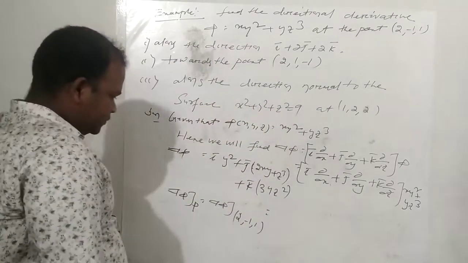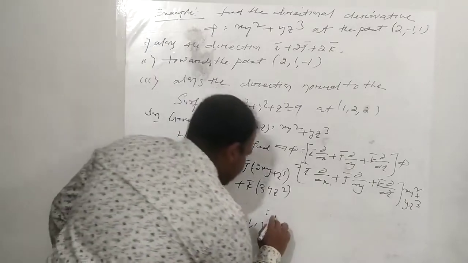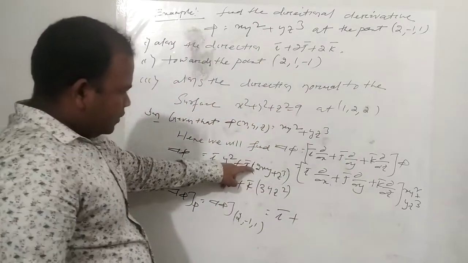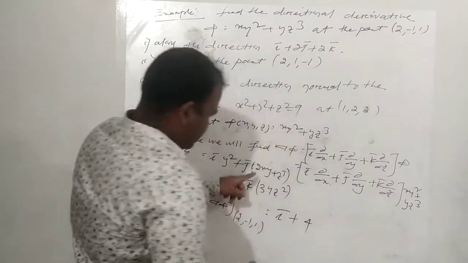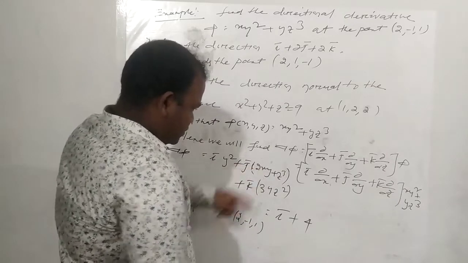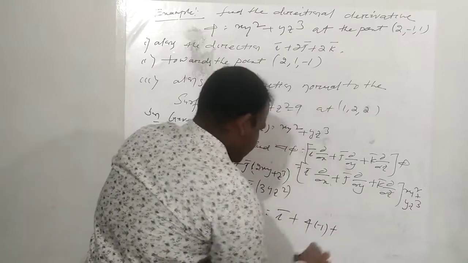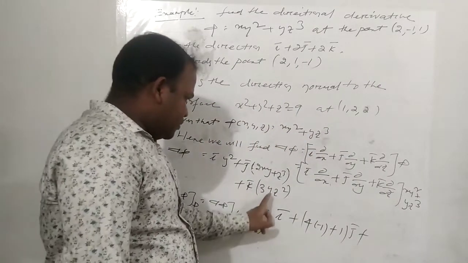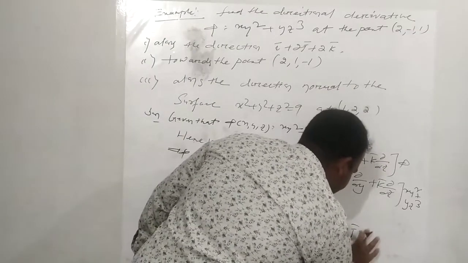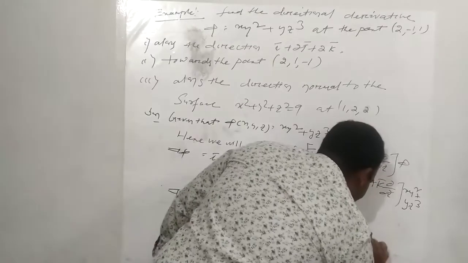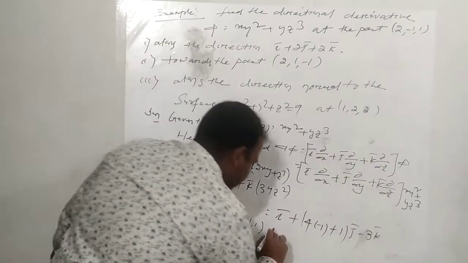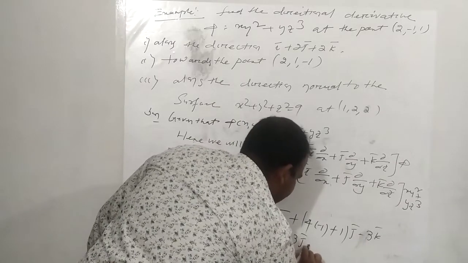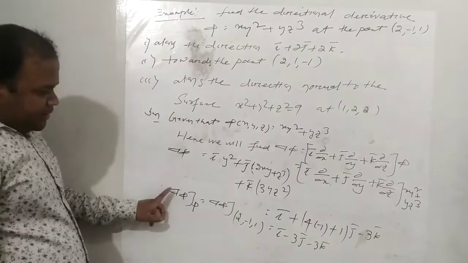This is i times y square, minus 1 squared, which is 1, plus j times 2 into 2 into minus 1, which is minus 4, plus 1, that is minus 3j, plus 3y z square, with y equal to minus 1, so minus 3k. So del phi at P is i minus 3j minus 3k.